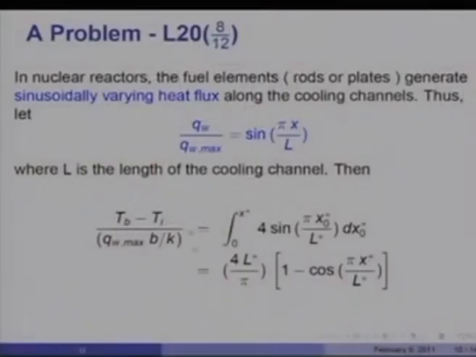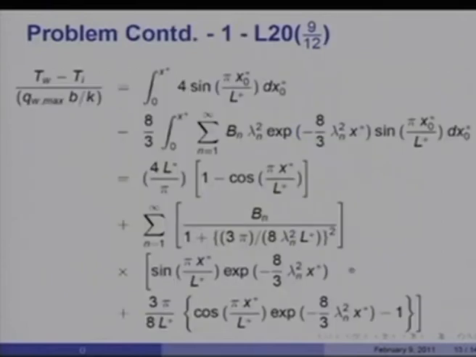So, as I said, Q wall over Q wall max is, let us say, sine pi x by L, where L is the channel length. Then you will see T b minus T I over Q wall B by K would be simply the integral from 0 to x star of 4 sine pi x naught star by L star dx naught star. So, that gives us the value of T bulk at any x star, and T wall minus T I would be given in this fashion.